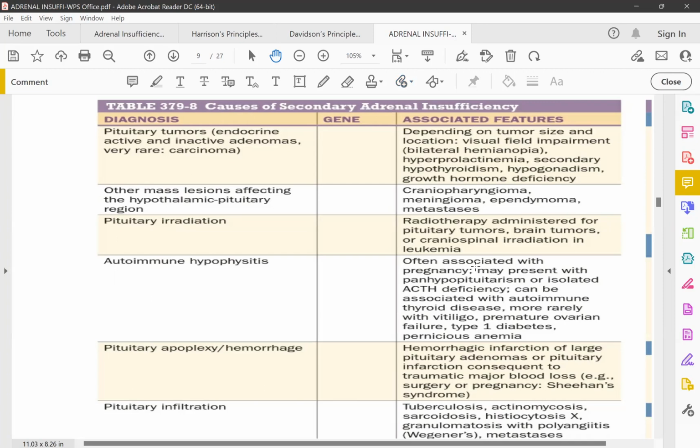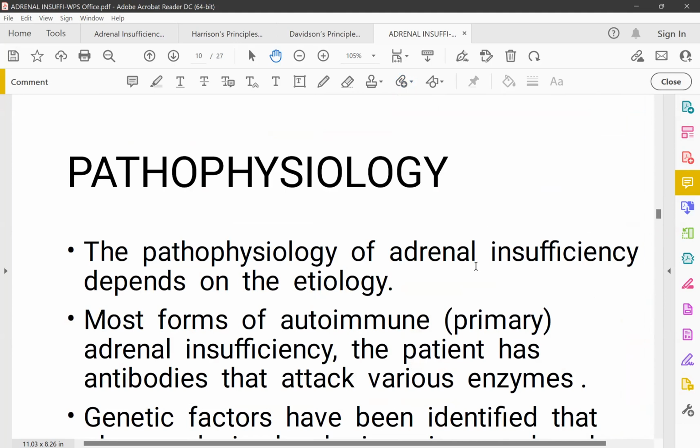It is indicated only when steroids are used for a prolonged period for an autoimmune disease, a skin condition like psoriasis, bronchial asthma, or some other condition. Sometimes patients inadvertently take steroids for a long term. They come to you with hyperfunction features like iatrogenic Cushing's. Then you slowly withdraw the steroid and make them all right. Do not suddenly stop the steroid.